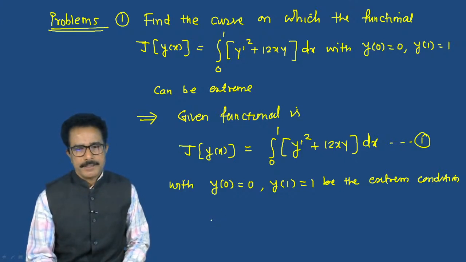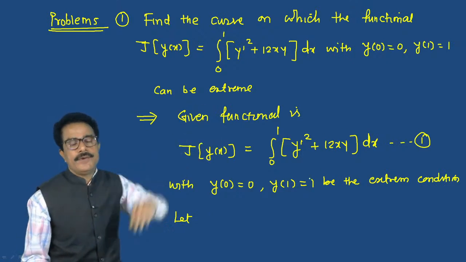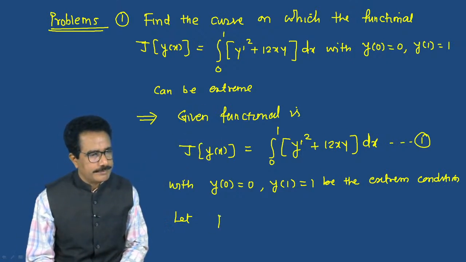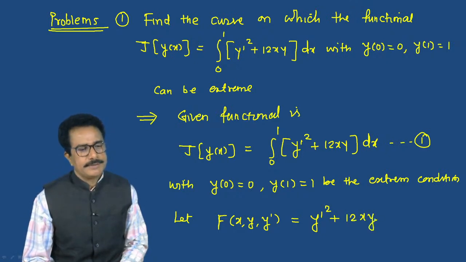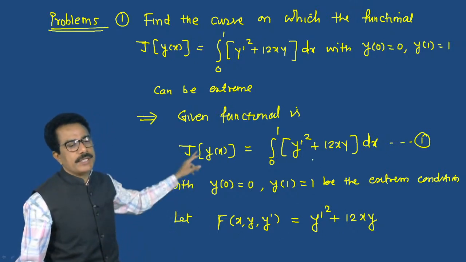Now let us consider the functional f, f of x comma y comma y dash, as y dash square plus 12xy.